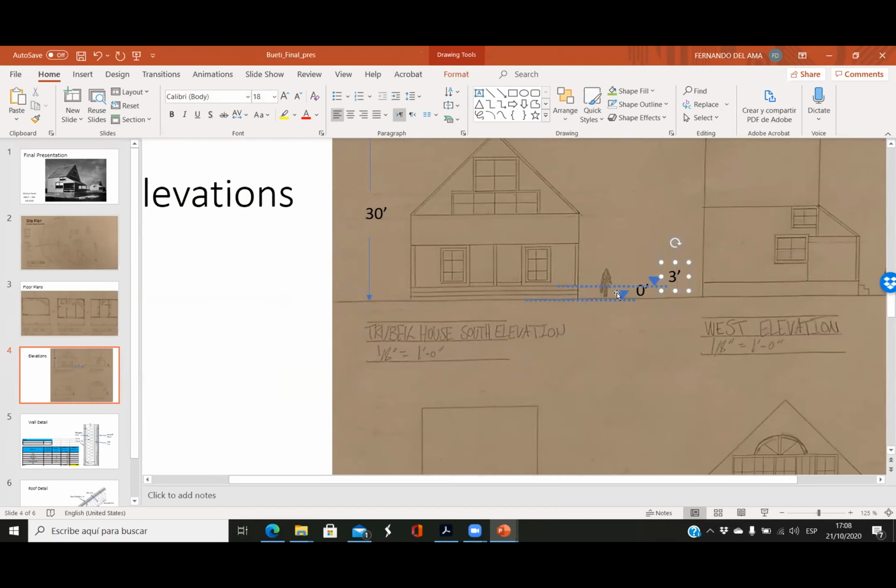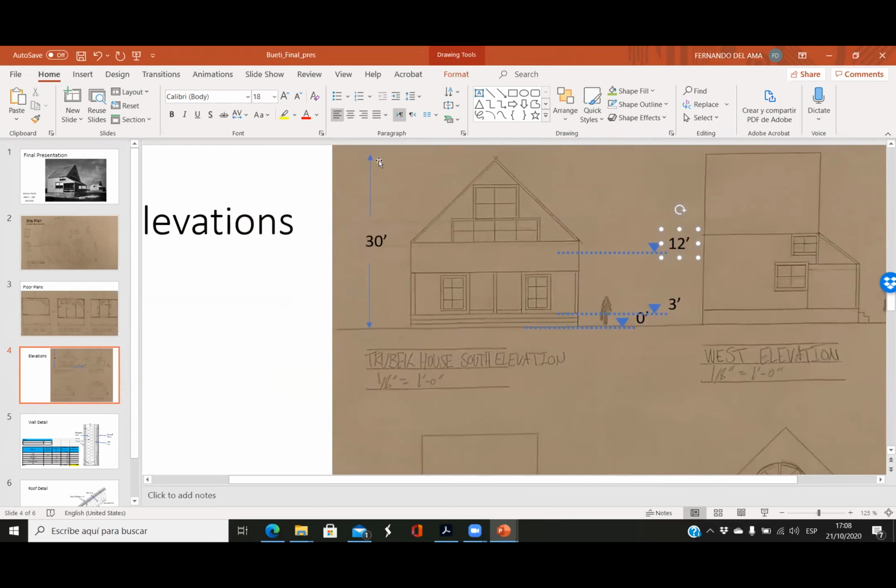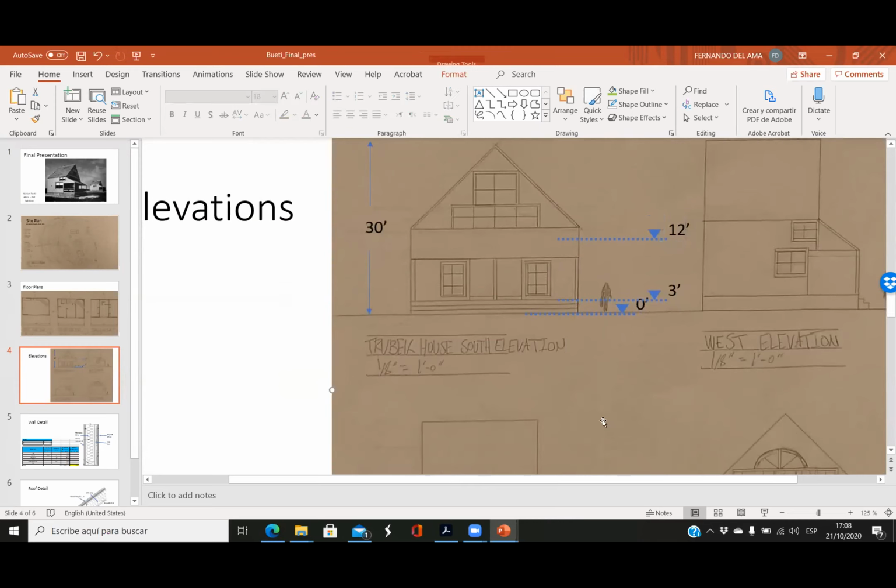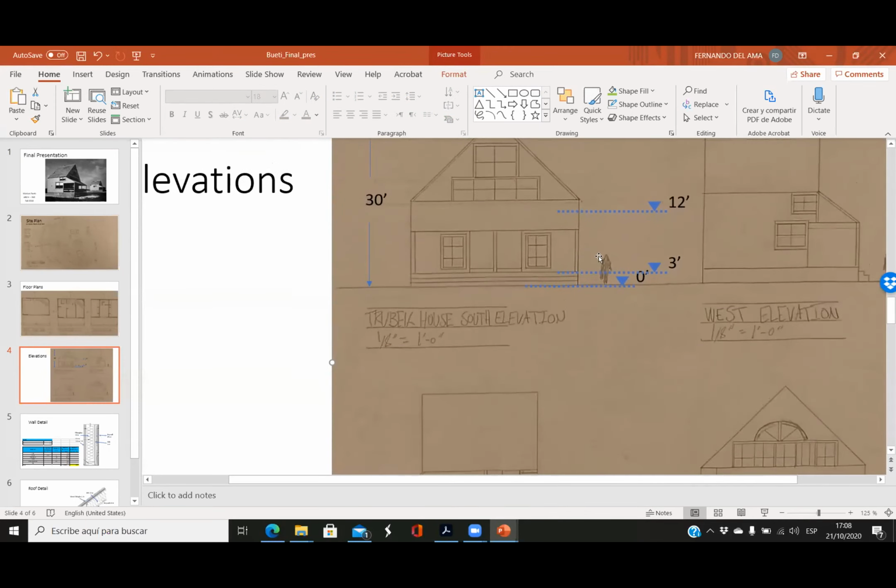But this is the second level. Then the third level should be the floor level of the second floor. It can be level 12 or 13 or whatever. And finally, we have the total height of the house. So when we are working with sections and elevations, this is useful.